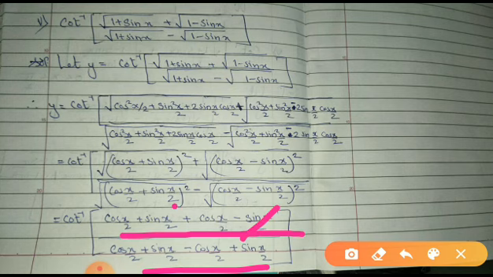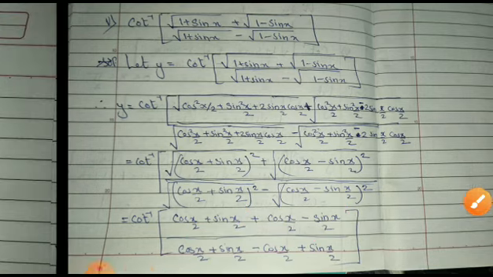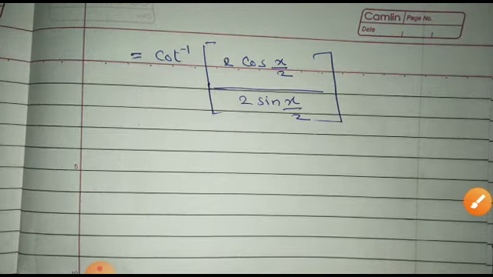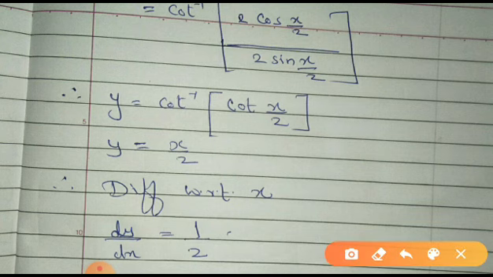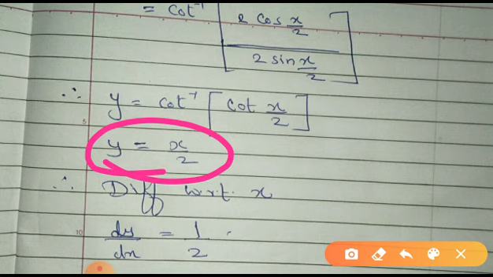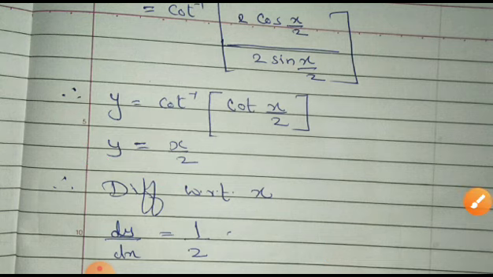This and this will get cancelled, this and this again will get cancelled. So I'll get cot inverse of 2 cos x by 2 by 2 sin x by 2. That is the same as cot of x by 2. So after simplification, I got y equal to x by 2. Differentiate it with respect to x, you will get the answer as 1 by 2.